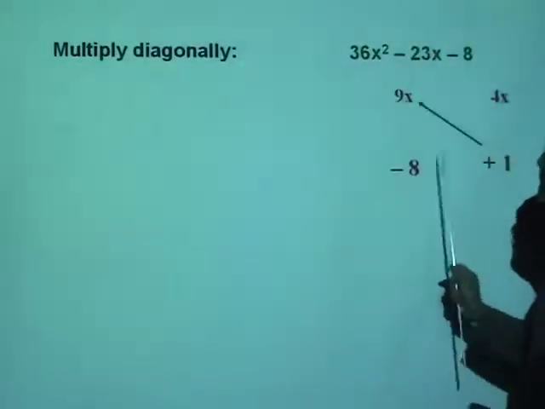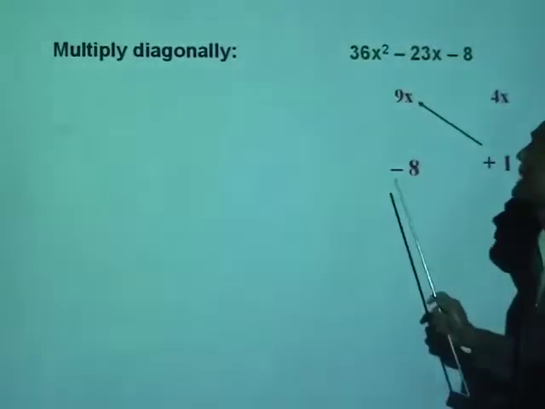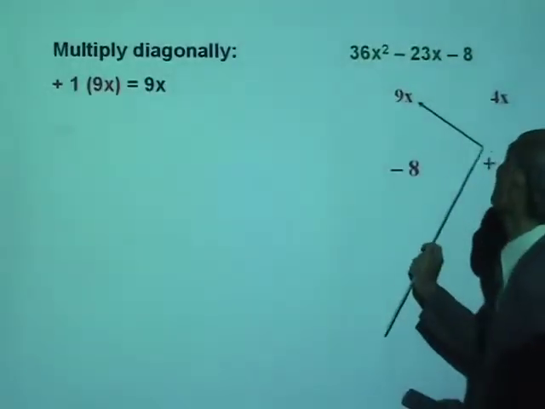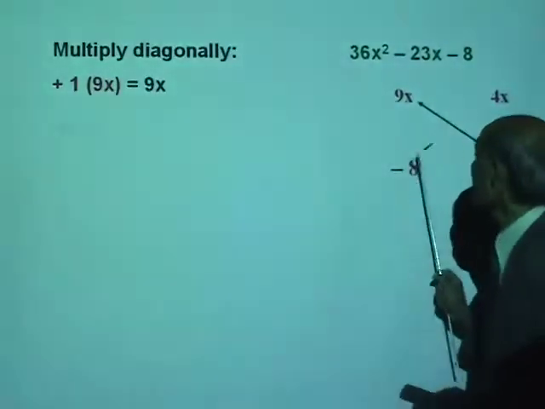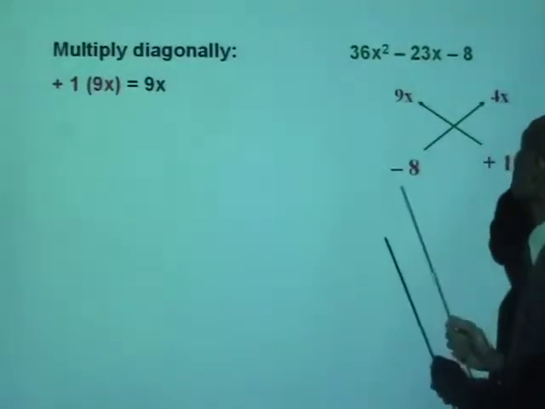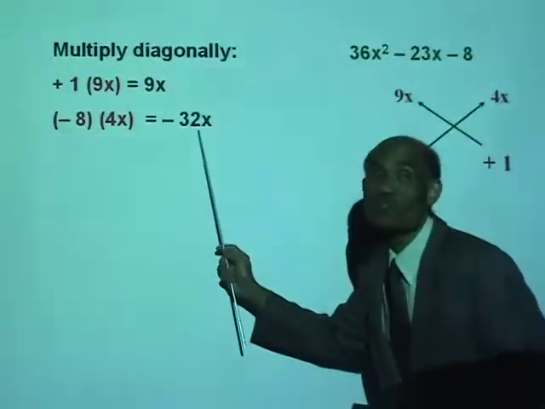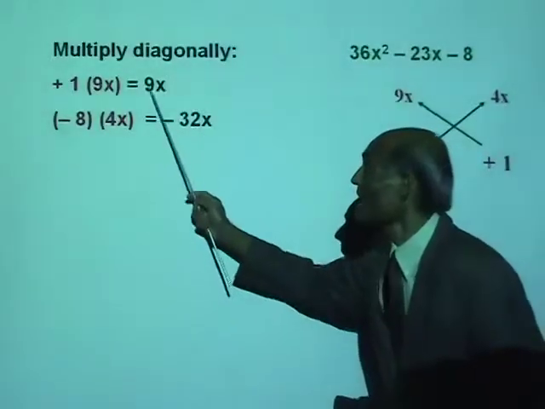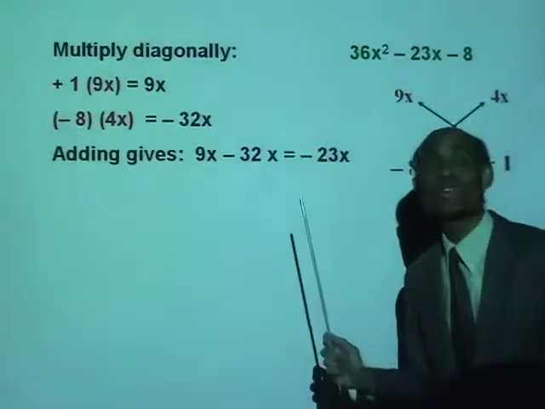Alright. Now multiply diagonally. Positive 1 multiplied by 9x is positive 9x. Negative 8 multiplied by 4x is negative 32x. Alright, add them together, what do you get? Negative 23x.